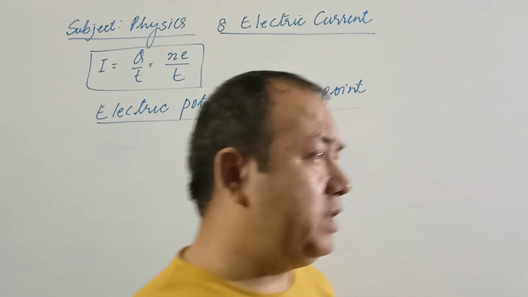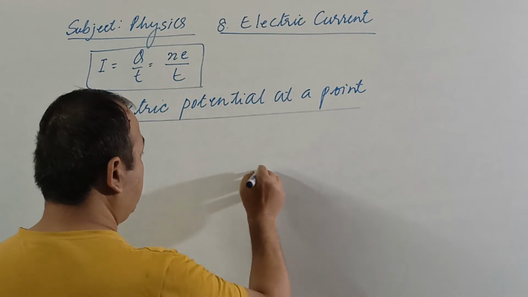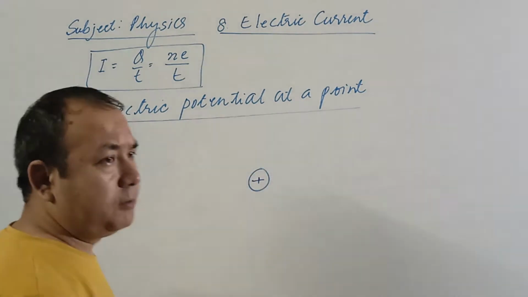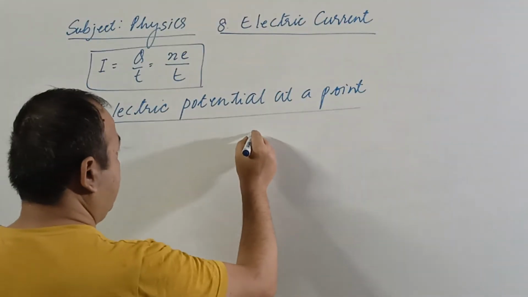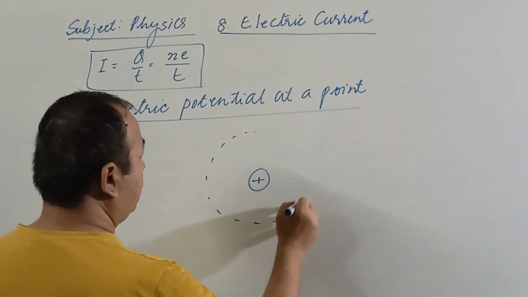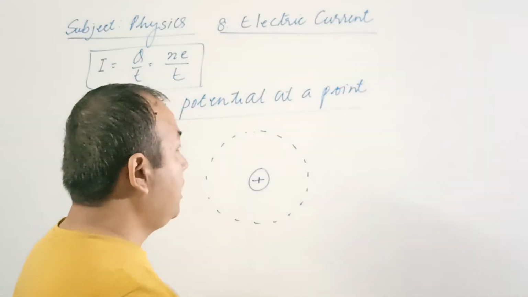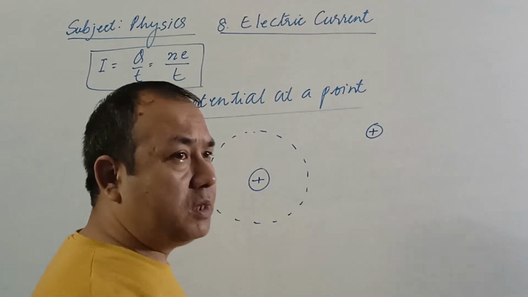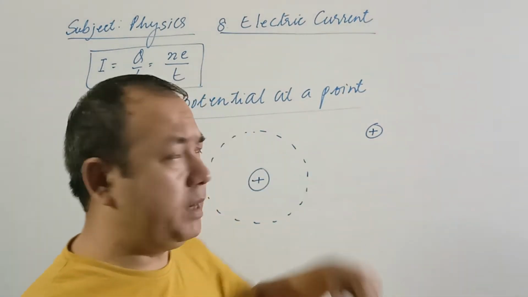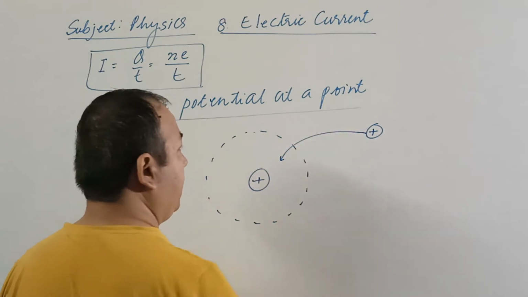So electric potential at a point means, suppose this is the positively charged particle, and the space around it where it shows its influence is what we call the electric field. Now what we are doing here is that we are bringing another positive charge from infinity, from far away, to a point in this electric field.